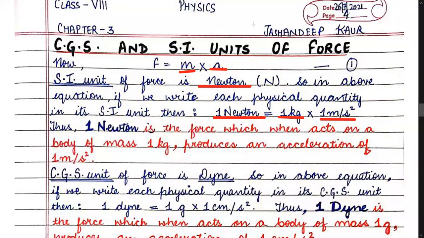So 1 Newton can be written as the force which, when it acts on a body of mass 1 kg, produces an acceleration of 1 meter per second square.